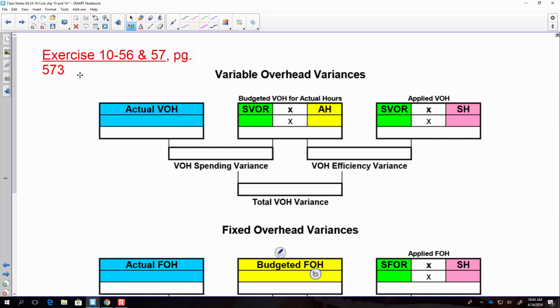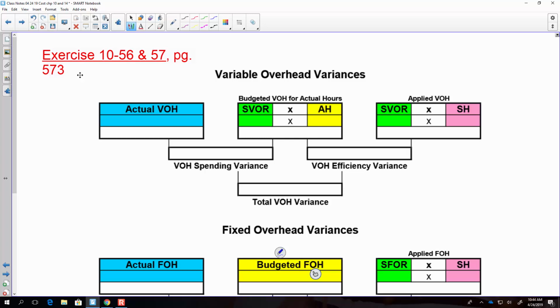Let's try 56, guys. So grab a template. I can always talk a little bit easier with numbers. And I'm hoping it makes more sense with numbers anyway. It's on page 573 of our book.